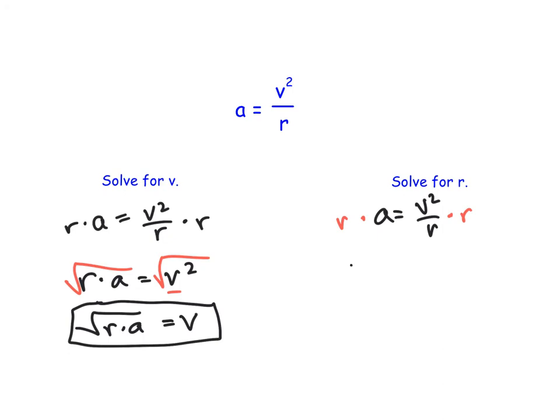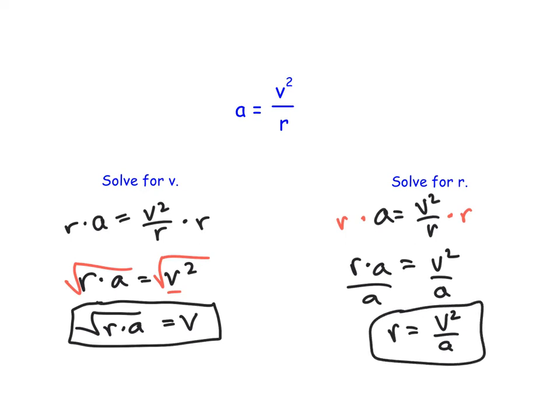And so the reason I do that is I've got R times A equals V squared. And now I can get rid of the A, and R is all by itself. So I'm going to divide by A on both sides. And there you have it. Solve for R. None of them were super challenging, just a couple steps for each one.